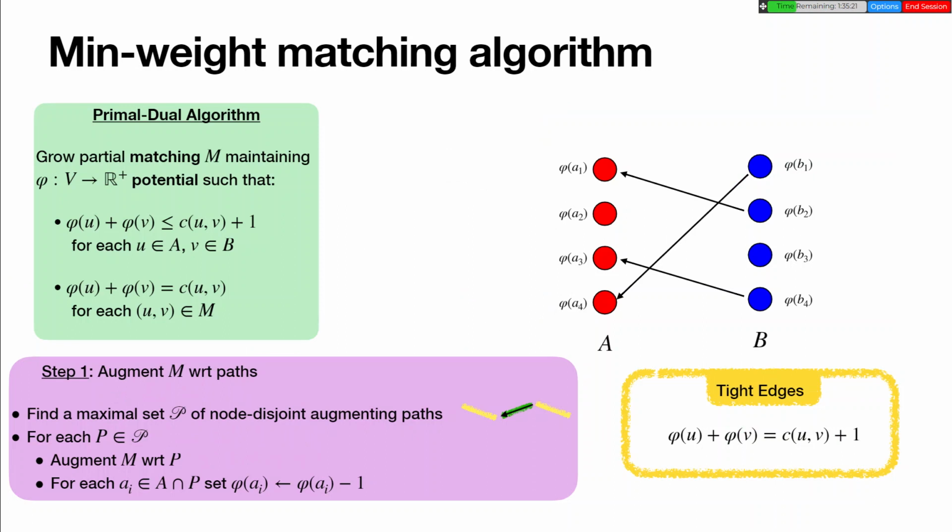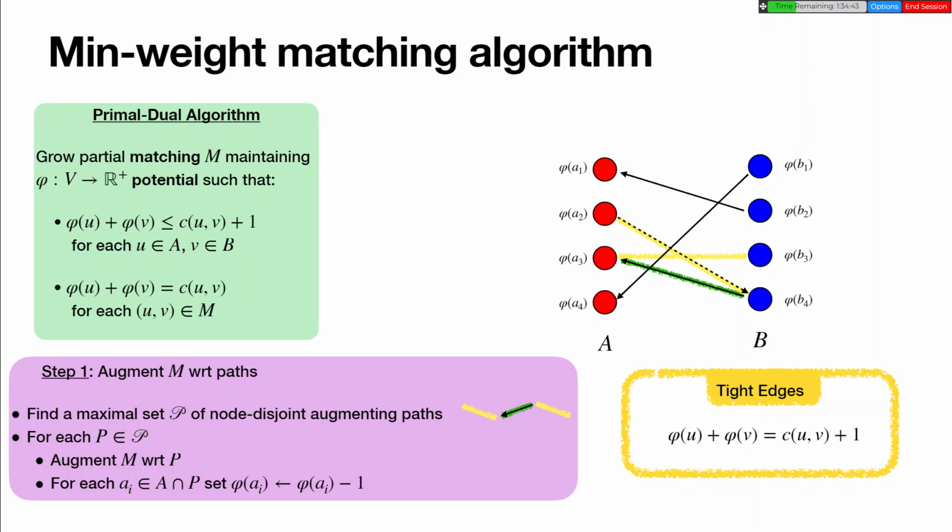So our goal is now to grow our matching M, satisfying these invariants. The first step to grow our matching is the following. We consider the tight edges, the edges that satisfy the quasi-feasible inequality tightly, so they have an equality sign there, and we grow M along augmenting paths of this form: go through a tight edge, then go back through an existing edge.